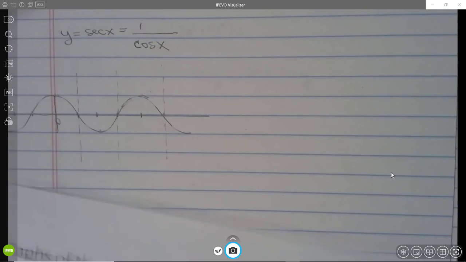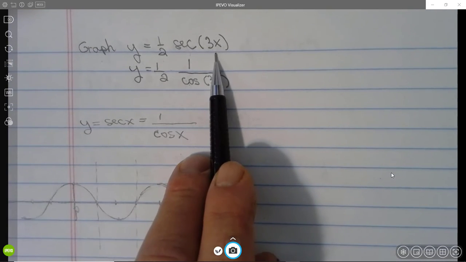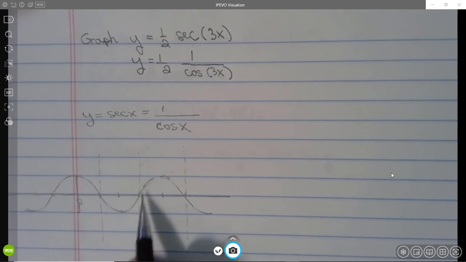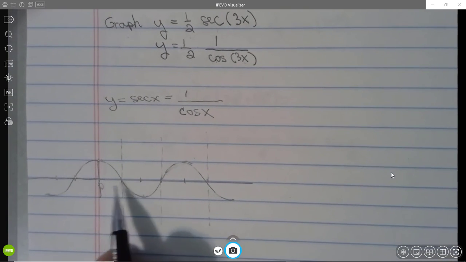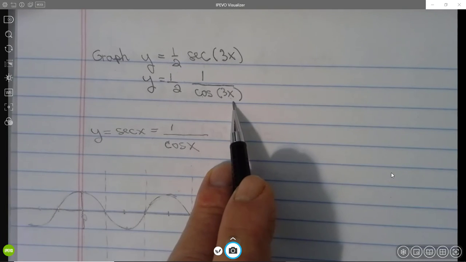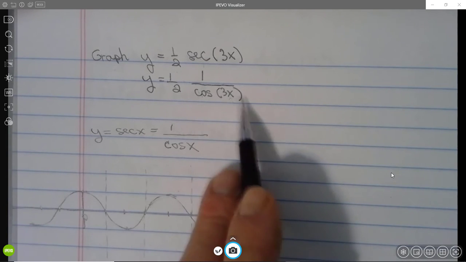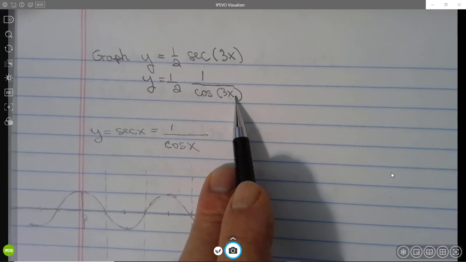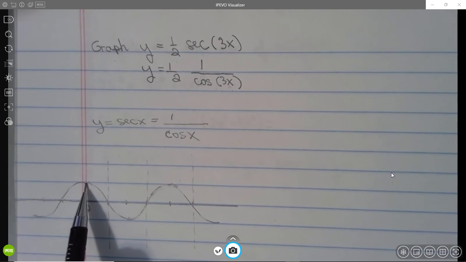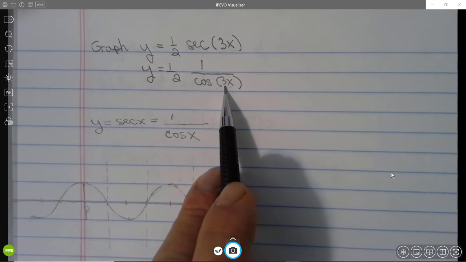But what we want to do is actually translate that to secant of 3x, and with this coefficient of 1/2 here. So what I'm going to do is take a basic cosine curve, looks sort of like this, and I did not label these because I've got a coefficient in here on the x, and that's going to shift things. Notice this cosine, I'm not looking at the whole thing right now, I'm just looking at the cosine. The cosine does not have a phase shift on it, so that first point is not going to get shifted left or right, but this will get compressed because we're multiplying by 3.